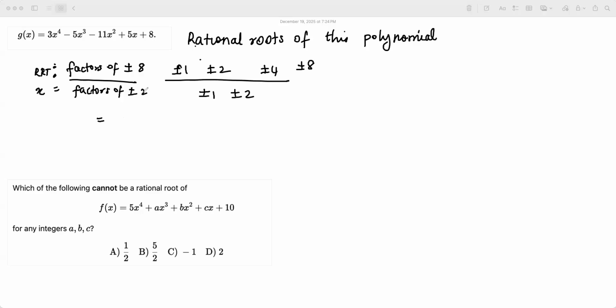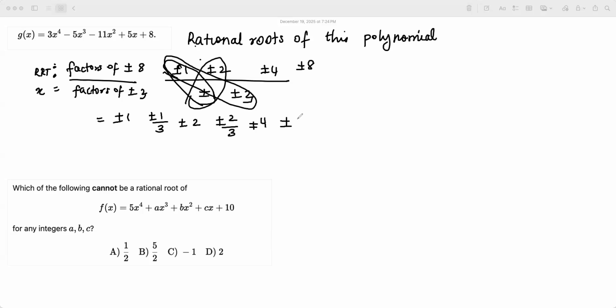Did I make a mistake? Oh, 3. Sorry. Thank you, ma'am. So now it will be plus or minus 1, then plus or minus 1 by 3, then plus or minus 2, plus or minus 2 by 3, then plus or minus 4, plus or minus 4 by 3, plus or minus 8, plus or minus 8 by 3.